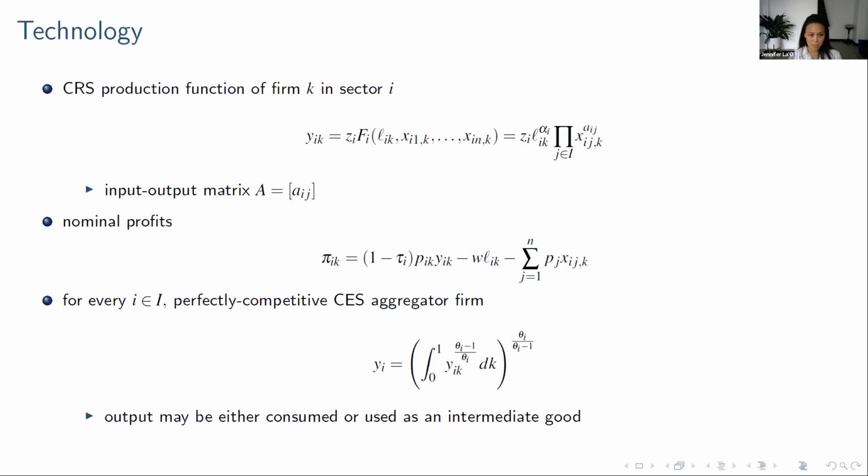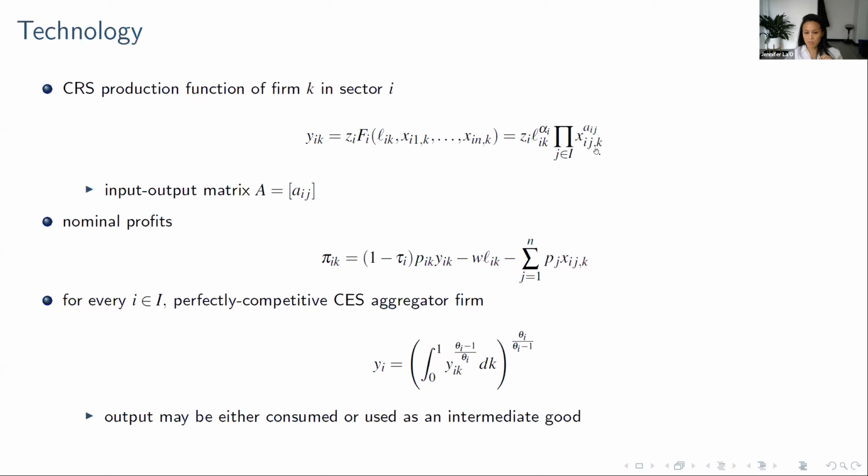So let me get into more of the specifics. This is for firm k in sector i. This is their production function. For most of our paper, we have a very general production function, but for today, let's say it's Cobb-Douglas. So we have a productivity shock Z_i, labor L_ik of firm k in sector i, and alpha_i is their labor share.